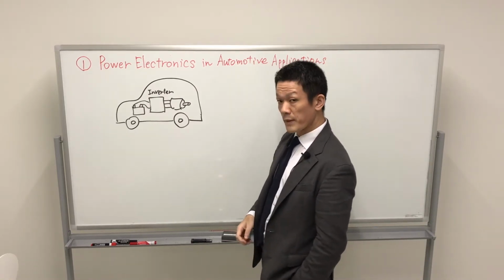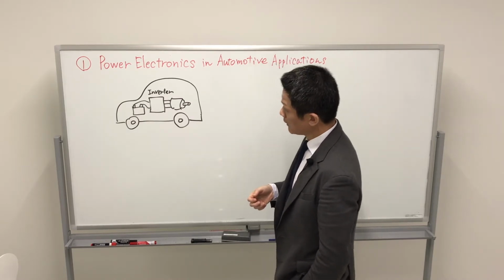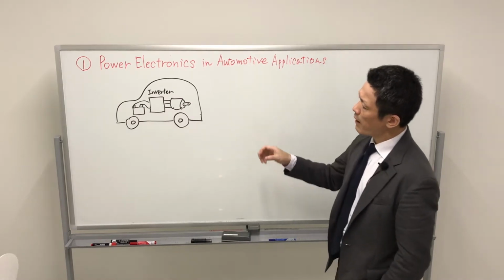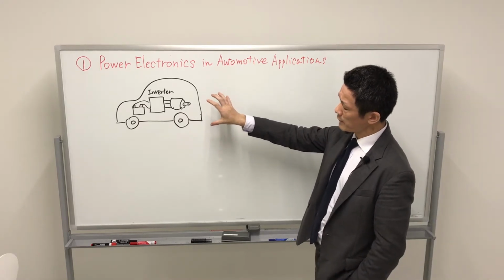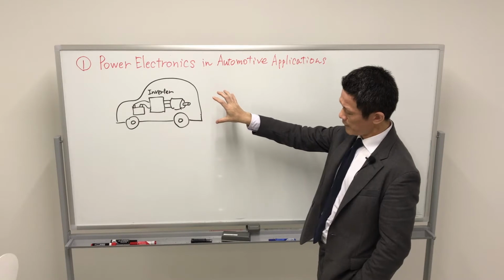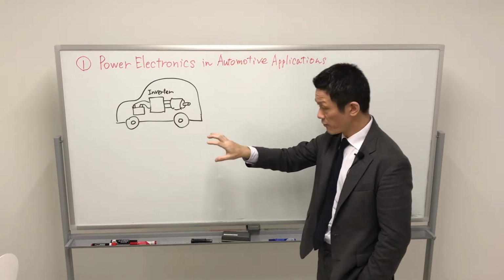In case of the automotive application, the power electronic system is roughly divided into three or four types of the vehicle.